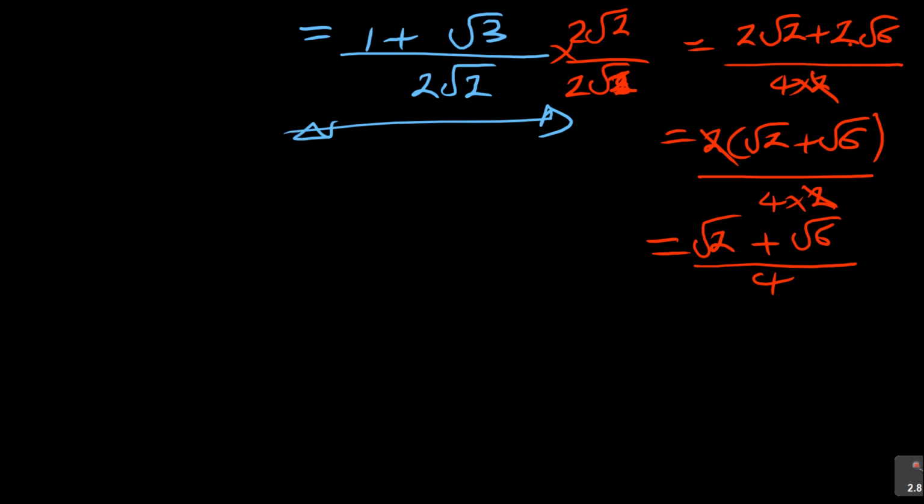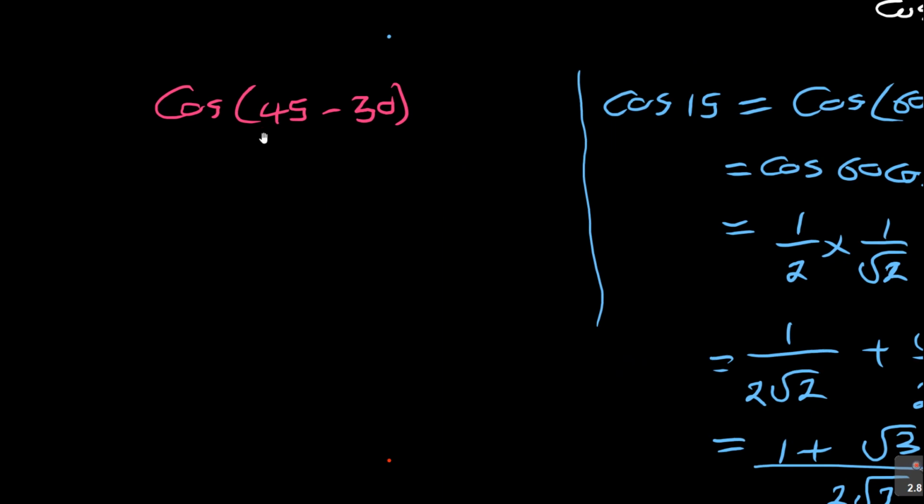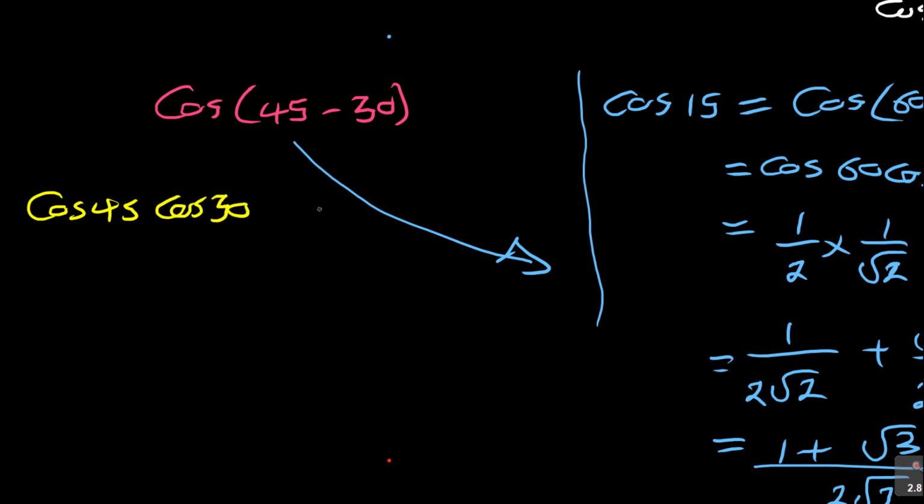You could have done the same thing here. You go for cos 45 here, so minus this, and then you follow the same rule. It was going to lead us to the same thing, but now you're using cos, and with cos it was going to be simple here: cos 45 cos 30 plus sine 45 sine 30.